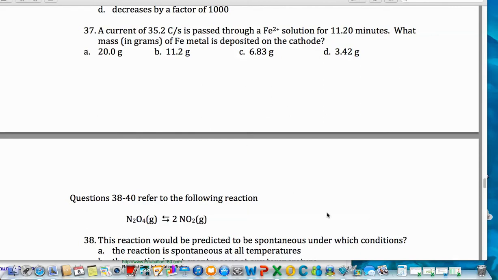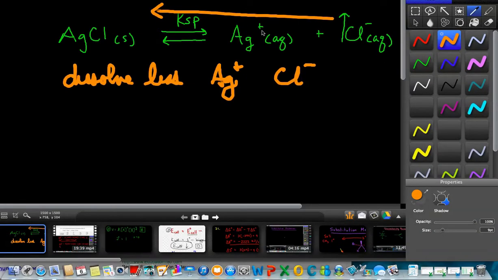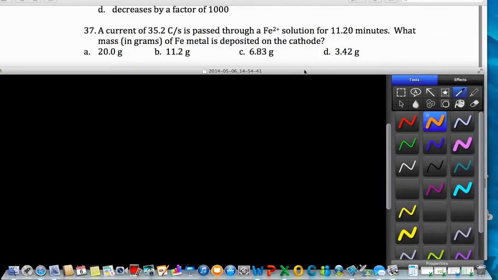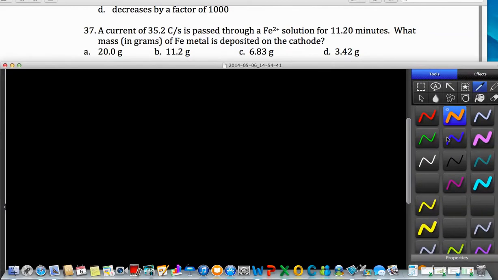37, a very typical Faraday's Law problem, so let's take a look at this one. Certainly one I would expect to see on the final. And so we're going to go 1.20 minutes.